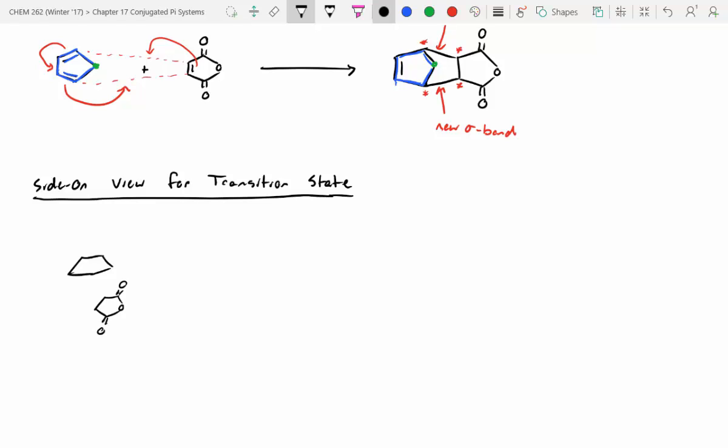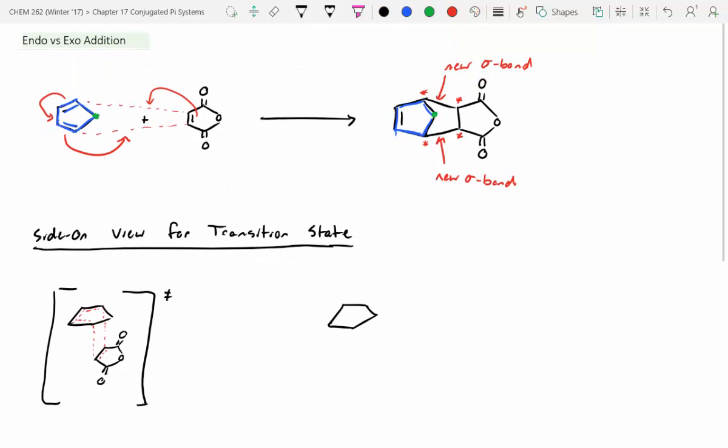We've got 2 options. We could have it like this, where we're making and breaking all of these bonds. So that's one transition state. The other option is, instead of that second ring kind of pointing out in a way that it's stacked almost underneath, some people call it like an alien abduction.